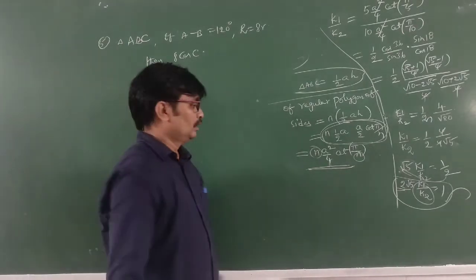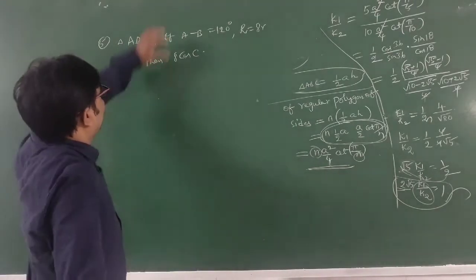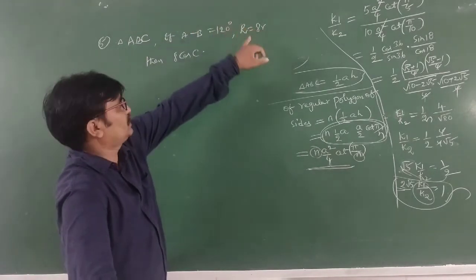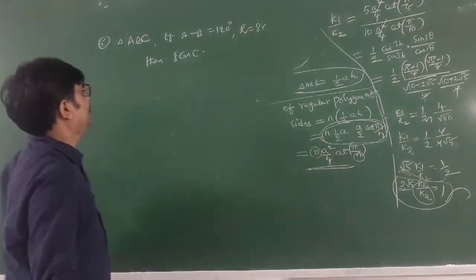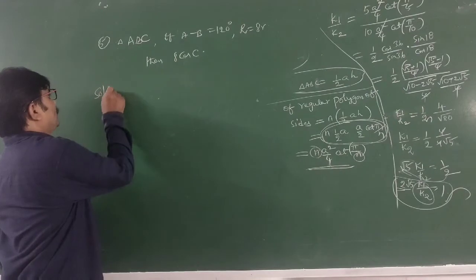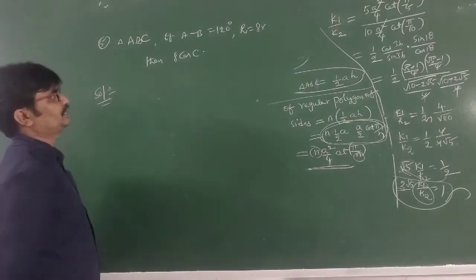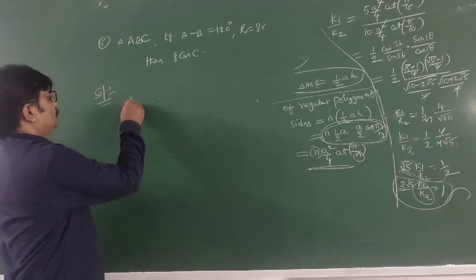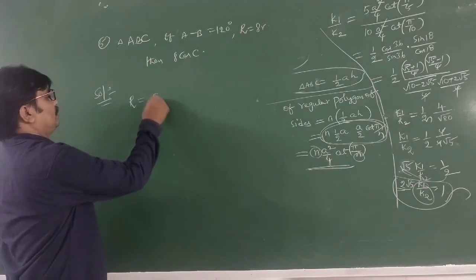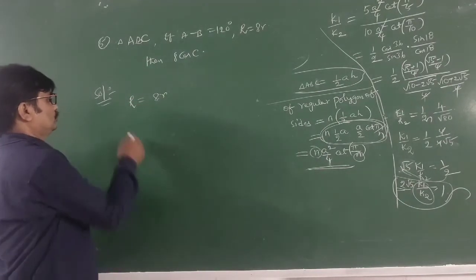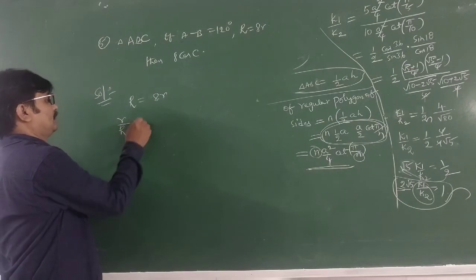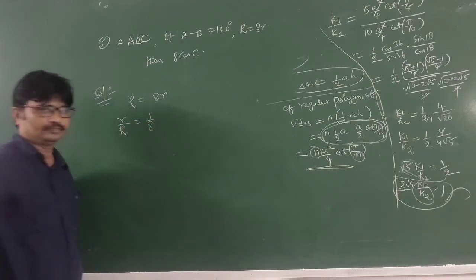Okay, students. Right now A minus B is 120 degrees and also capital R equals 8r. So we have to find 8 cos C. Dear students, capital R is given as 8r, so small r by capital R equals 1 by 8.